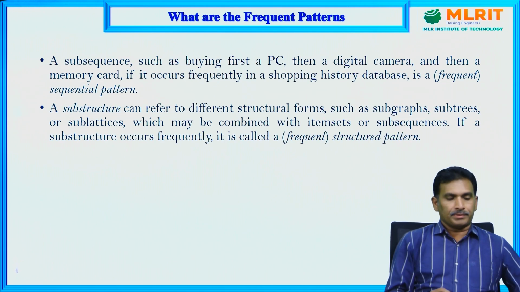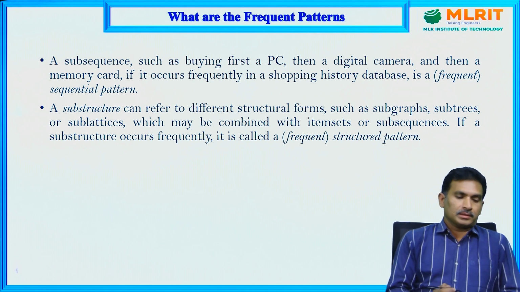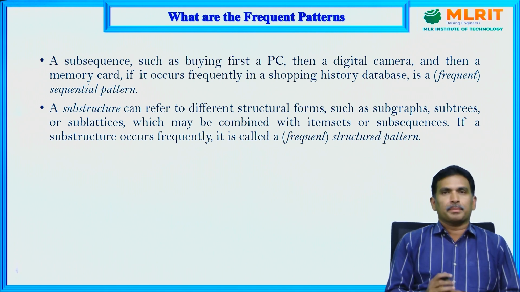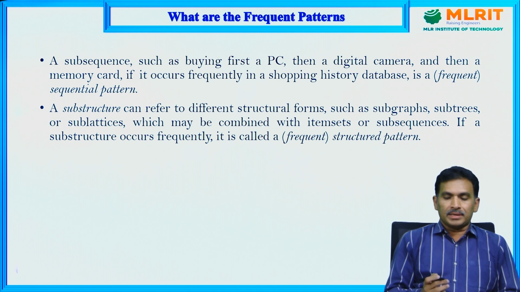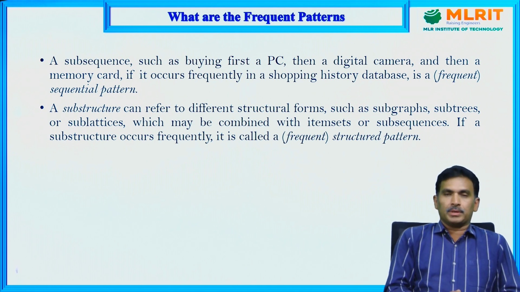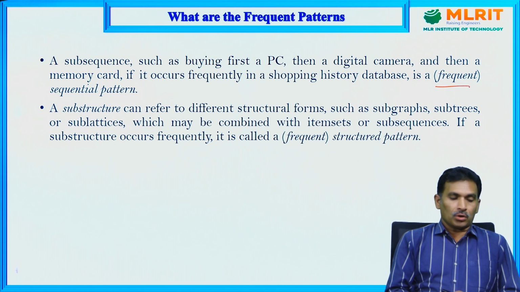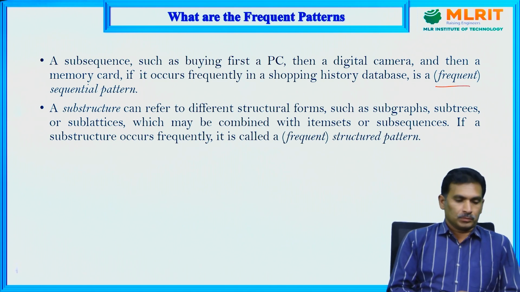So what are frequent subsequences and substructures? A subsequence such as buying first a PC, then a digital camera, and then a memory card. If this occurs frequently in a shopping history database, then it is a frequent pattern, called a sequential pattern.